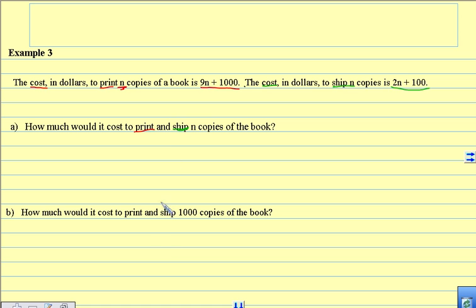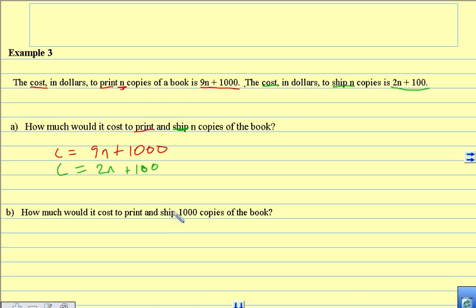Well, how much does it cost to print it? Well, the cost to print is 9n plus 1,000. And the cost to ship is equal to 2n plus 100.